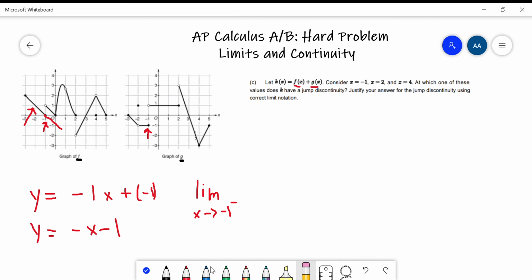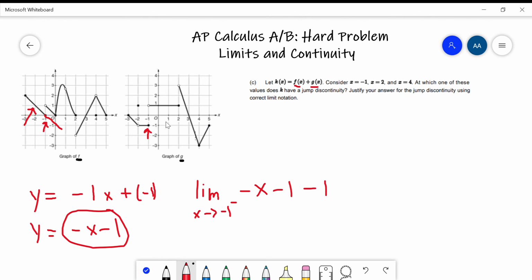So basically that would mean that f of x plus g of x, as it approaches -1 from that side, we get f of x. So we found this for f of x in this piece of the piecewise function, minus x minus 1, and we have g of x, which is x equals -1.